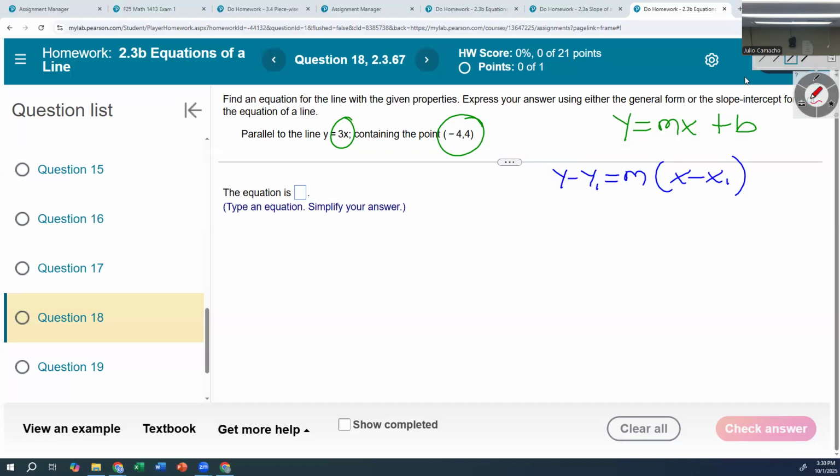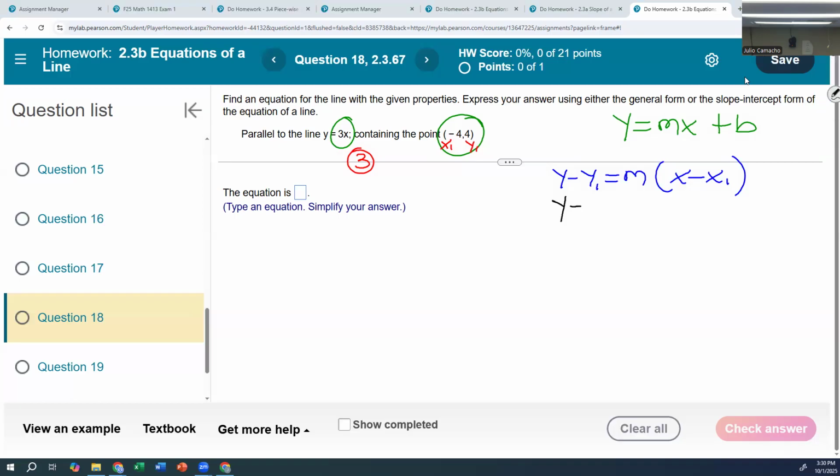I can say that negative 4 is my x1 and 4 is my y1. And my slope, because that is the equation of the line, is 3. So let's replace all this data in this equation and find the equation for the parallel line.